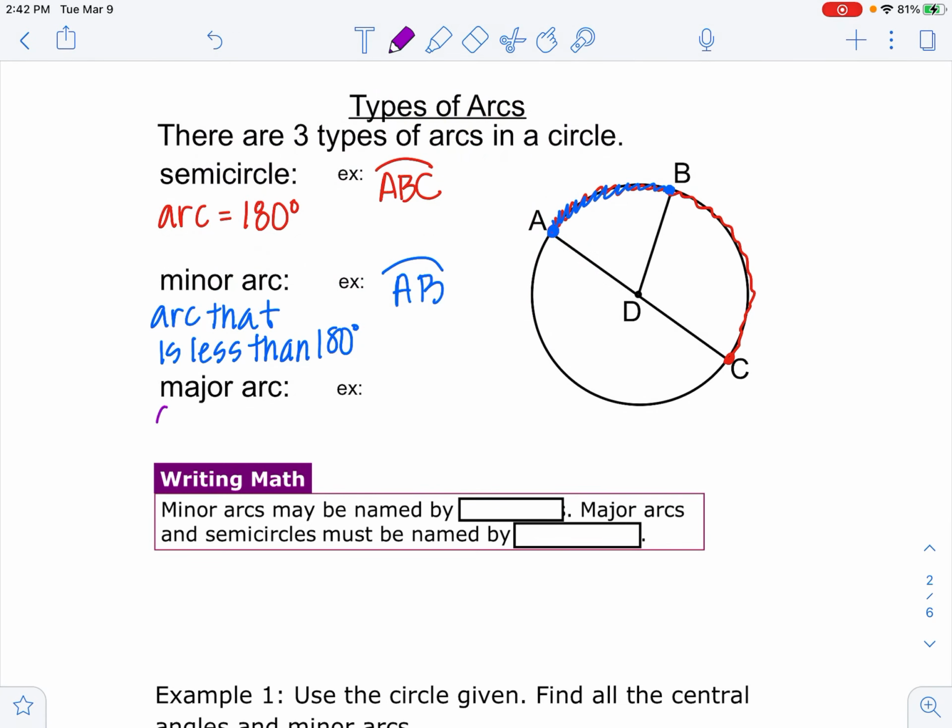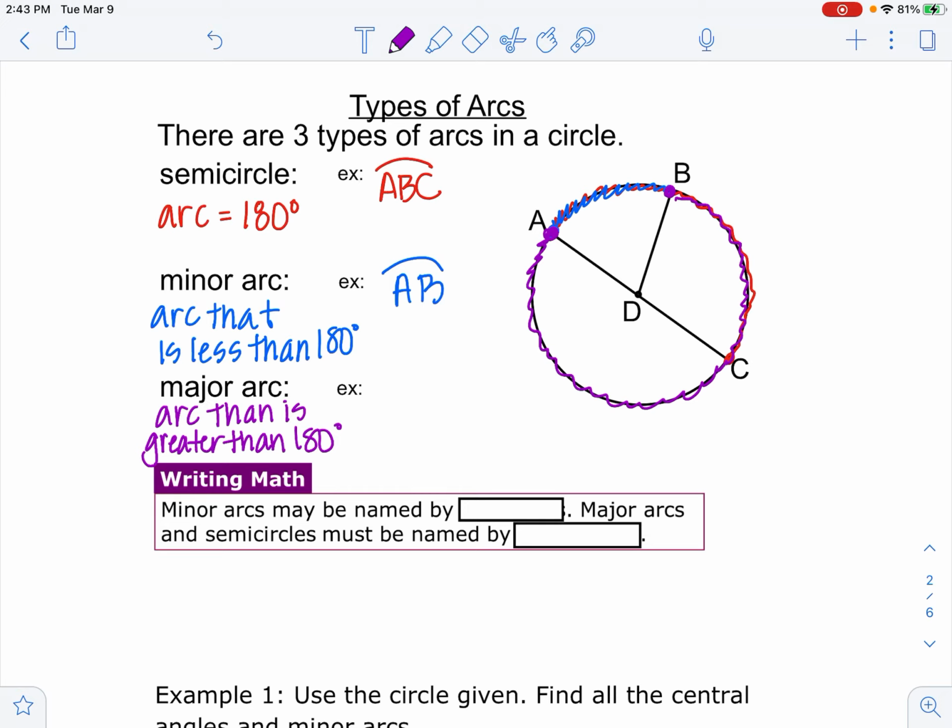Last but not least, we have a major arc. A major arc is an arc that is more than 180 degrees. Okay. So if I'm looking for an arc not equal to, but greater than 180 degrees, I can start at A and I can get all the way to B. But if I go in this direction, then it's going to be a minor arc. So I can go in the other direction.